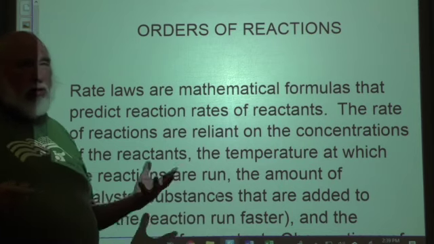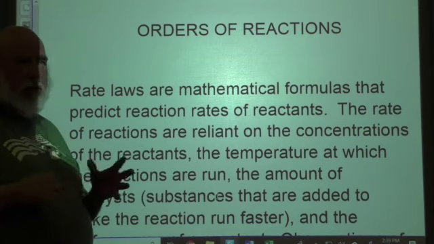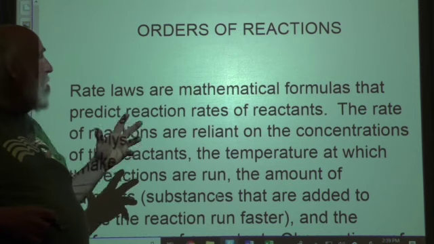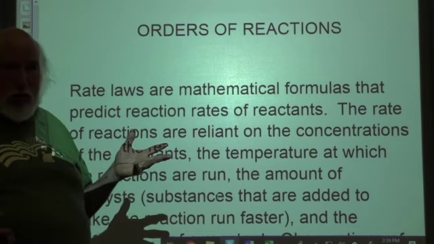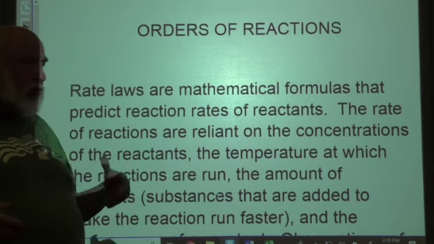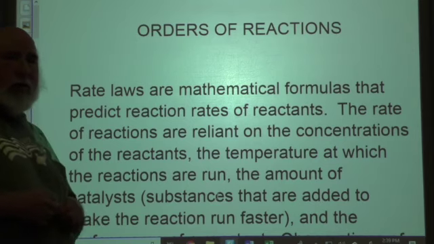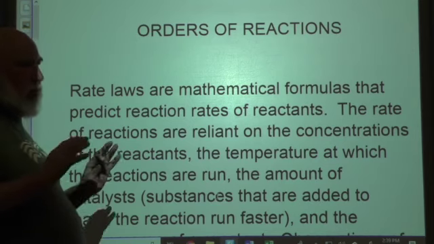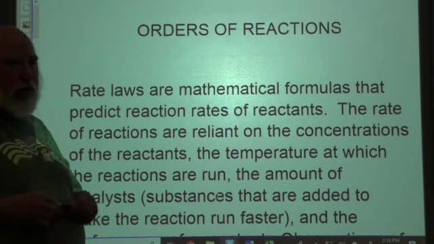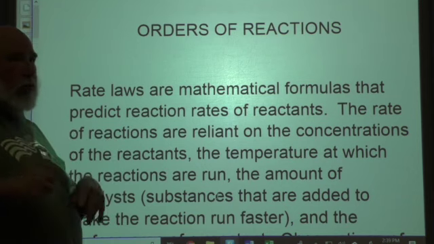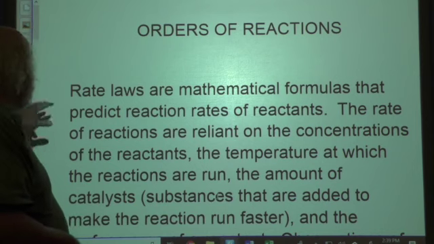But generally you just look at 1 or 2. Most of the orders of reactions will be 1 or 2, but there are some 3 as you see here. But for the rest of this chapter, most of the ones that we're looking at are first and second order reactions. And of those 2, the first order is the most common.